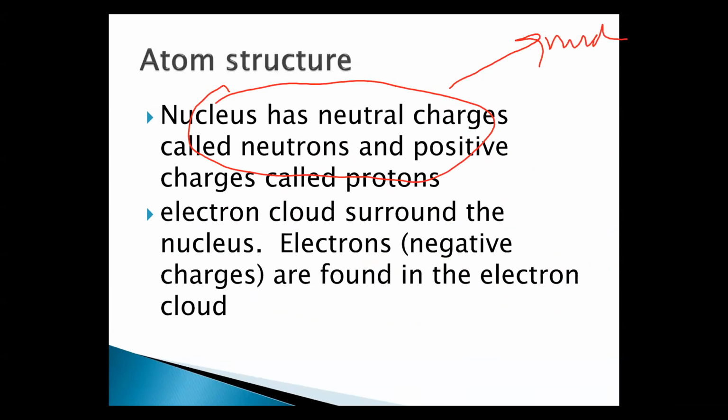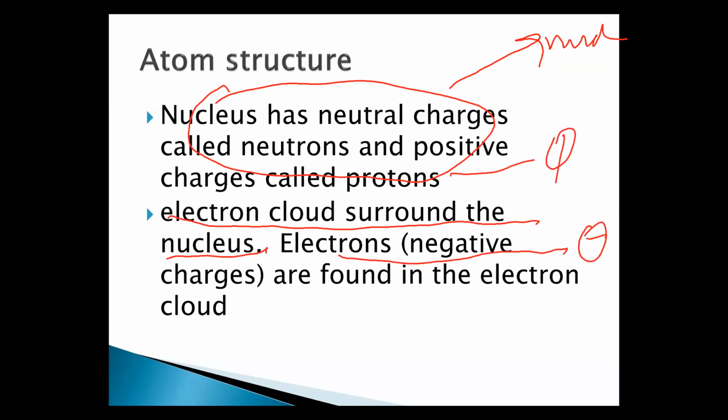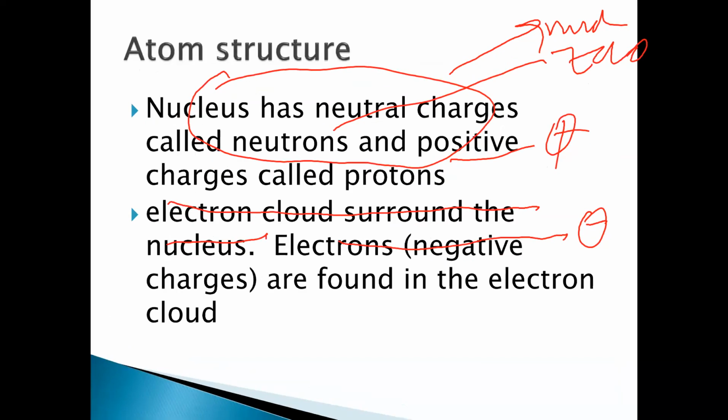Then electrons are the cloud that surrounds the nucleus. See, it's around the nucleus. Electrons are negative charges. Remember, they're negatively charged. Protons, positively charged, right? Neutrons, zero charge, right? We talked about this also.